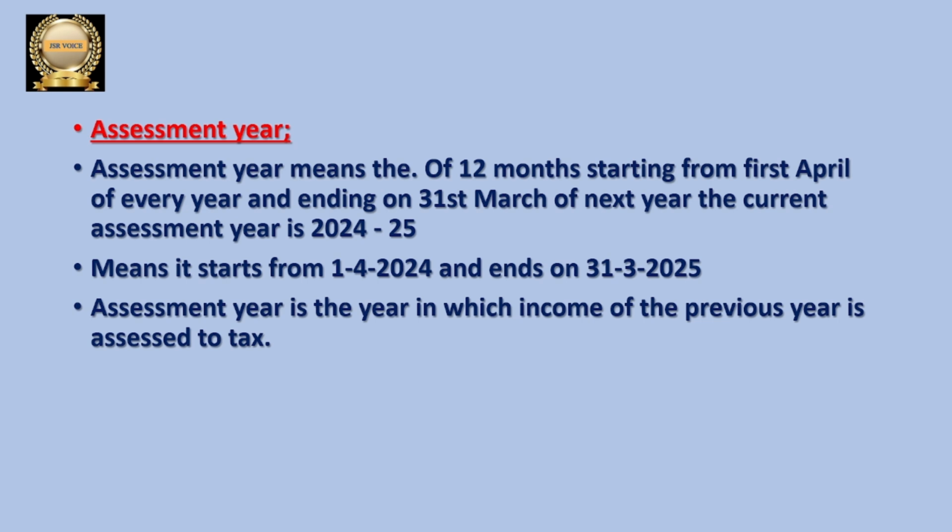Hope this is clear. And the continuation is starting from 1st April of every year and ending on 31st March of next year, and current assessment year is 2024 and 25. Just make some change there. Printing mistake. Let us go to next topic.